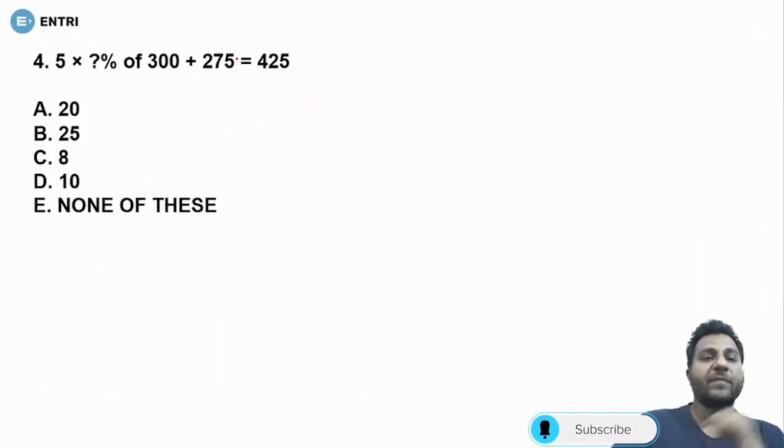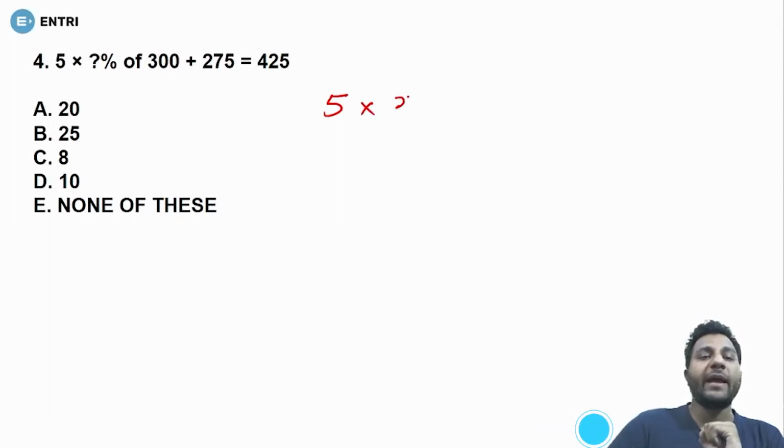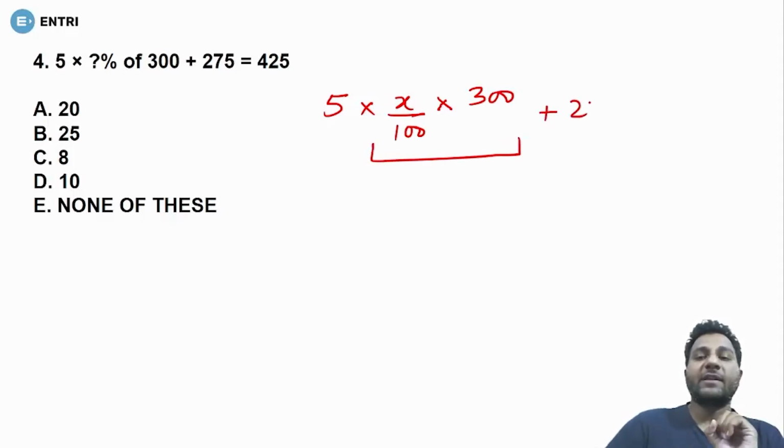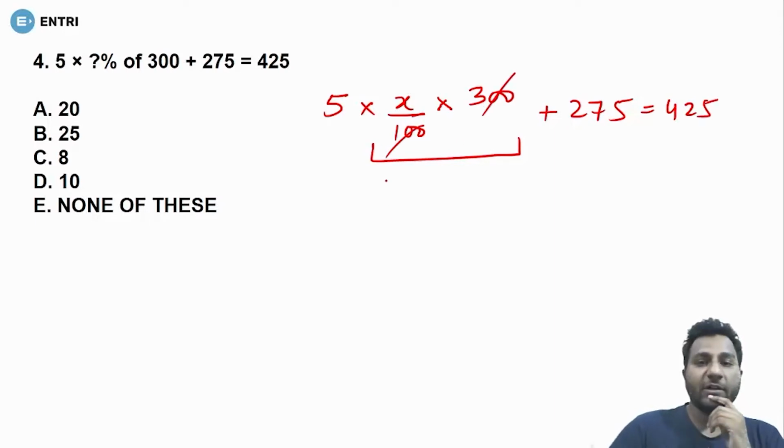Next question says that 5 into x by 100 of 300. So you will solve this one first. After that you will use the other thing. Now when you solve this first, it will become 15x equals 425 minus 275.